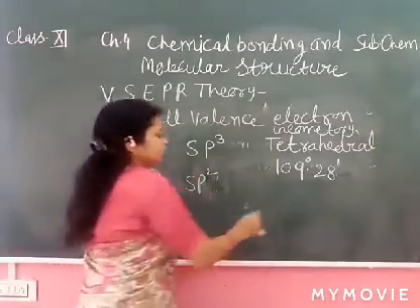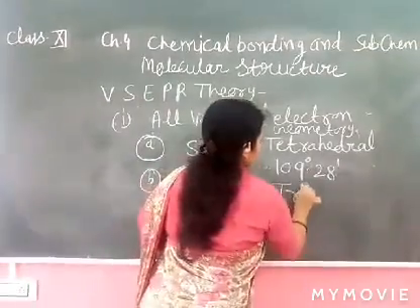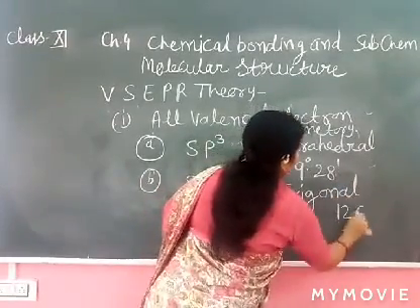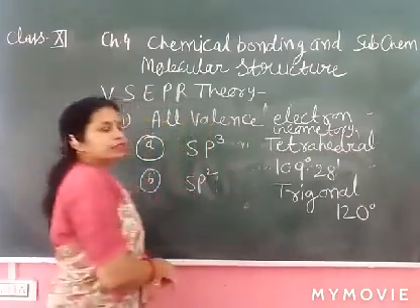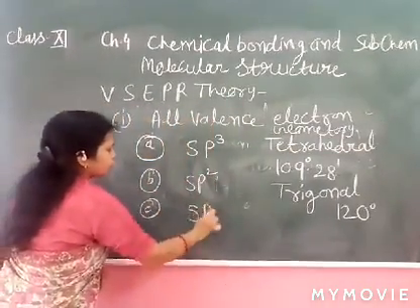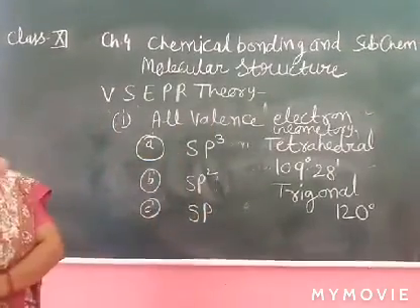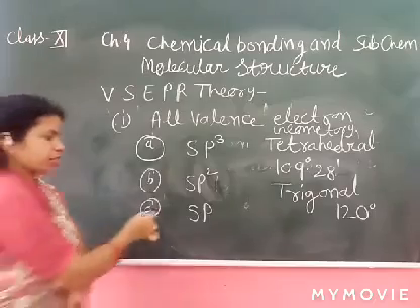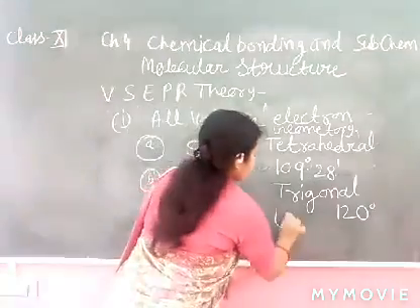It means the structure is trigonal planar and the bond angle is 120 degrees. Next, sp. sp means two orbitals, two sigma bonds, and the structure is linear.